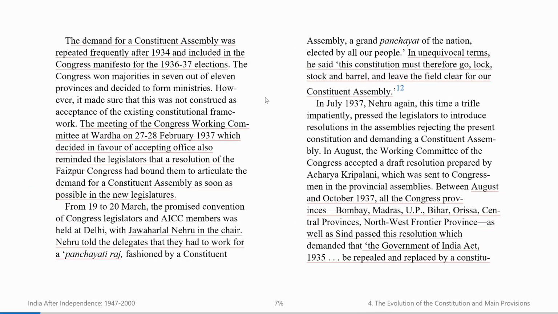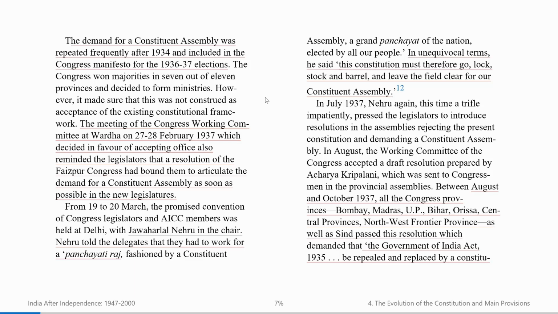Now what happened? We had the elections after the 1935 Government of India Act, and in 1936-37, the Congress formed governments in various states like Bombay, Bihar, UP, Madras, Central Provinces, and so on. It said that the legislatures who have accepted office should articulate a demand for a constituent assembly as soon as possible.